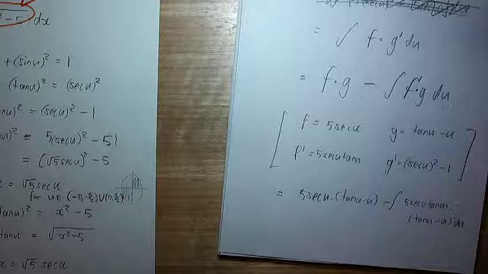Though to be fair, I can integrate sec tan and I can differentiate u. It's still going to give me the integral of sec. Yeah, there's an answer for that. So I'm going to cop out.